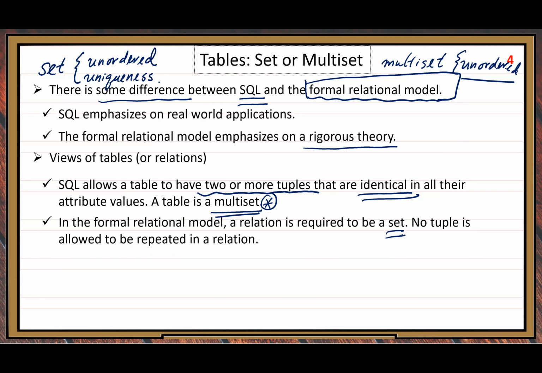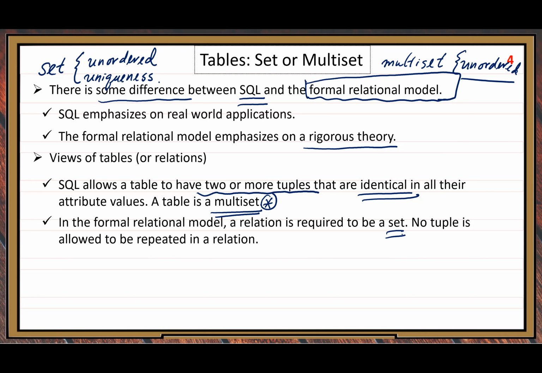But business people feel, we need that result. That result is useful, and it happens frequently. So they have to make it practical, they have to make that modification. Here I spend a lot of time to talk about the difference between set and multi-set.